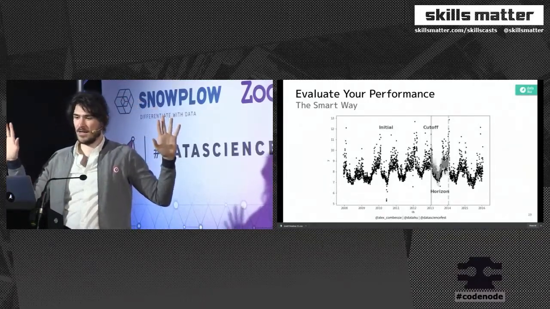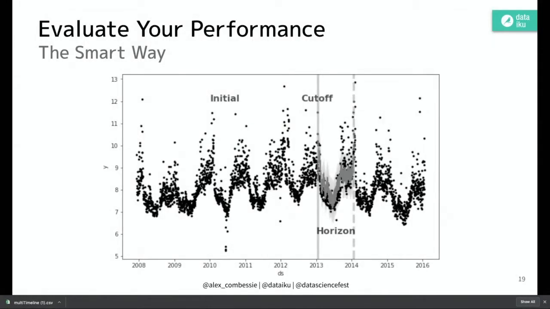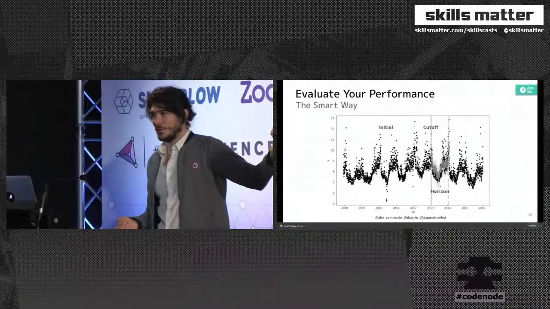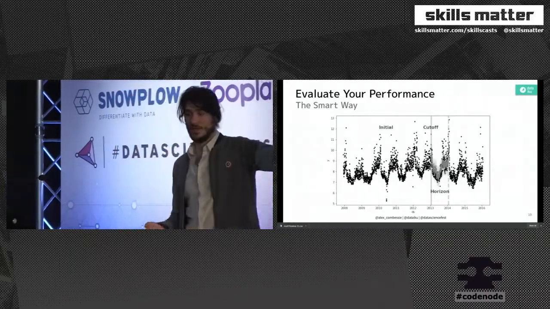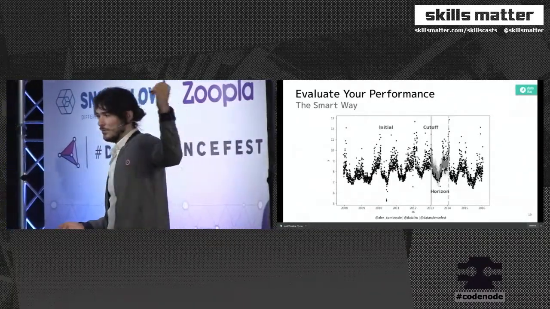There's a smarter way that Facebook Prophet introduced, which takes the same idea, but doesn't require training as many times as steps. They introduce two notions: the notion of initial training, because it's worthless to train models when you don't have enough data points, so you only start the folds after an initial window.